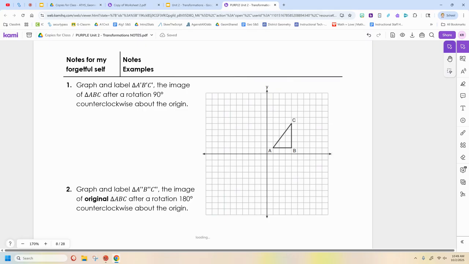It says graph and label triangle A prime, B prime, C prime, the image of ABC after a rotation 90 degrees counterclockwise about the origin. So the word about means centered. It means the origin is fixed, but the other stuff is not. So I'm going to put a point on the origin to know that that's my center.